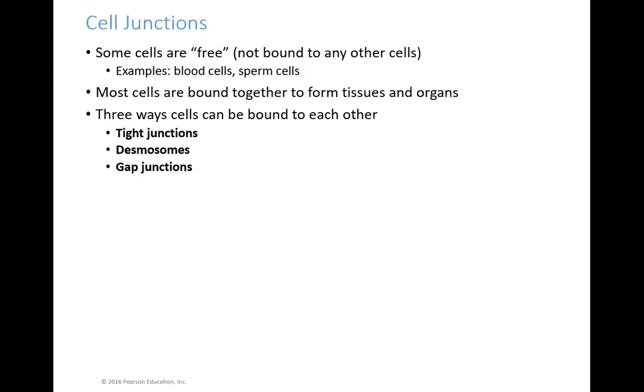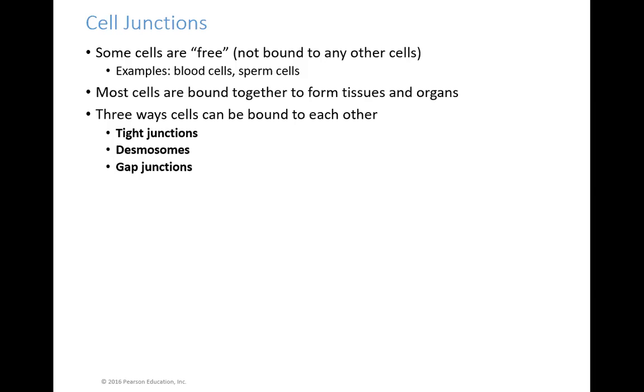The 5 different types of white cells, the red cells, the platelets are all moving individually in our bodies. But most of our cells are attached to other cells, and they're bound together in 3 different ways. The cell junctions hold the individual cells together to form larger structures, to form tissues, and then tissues form organs, and organs form organ systems.